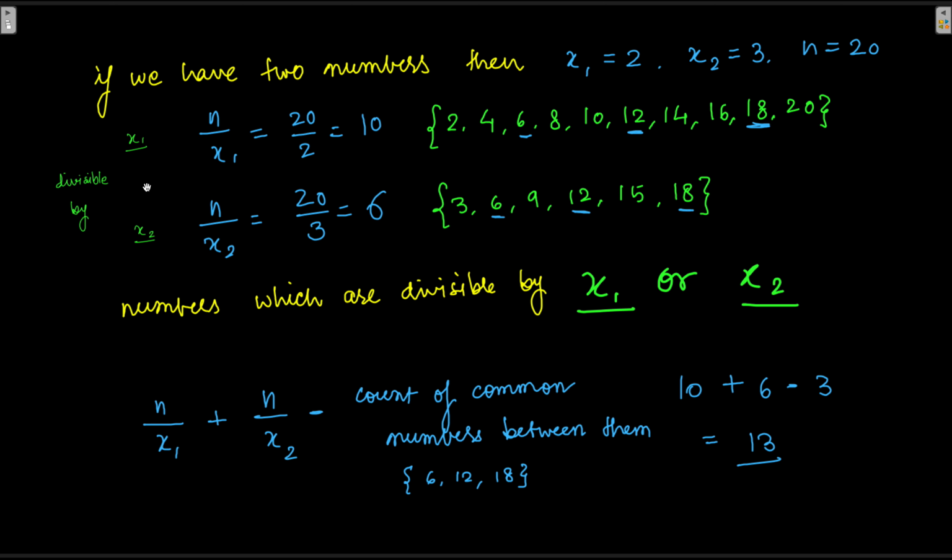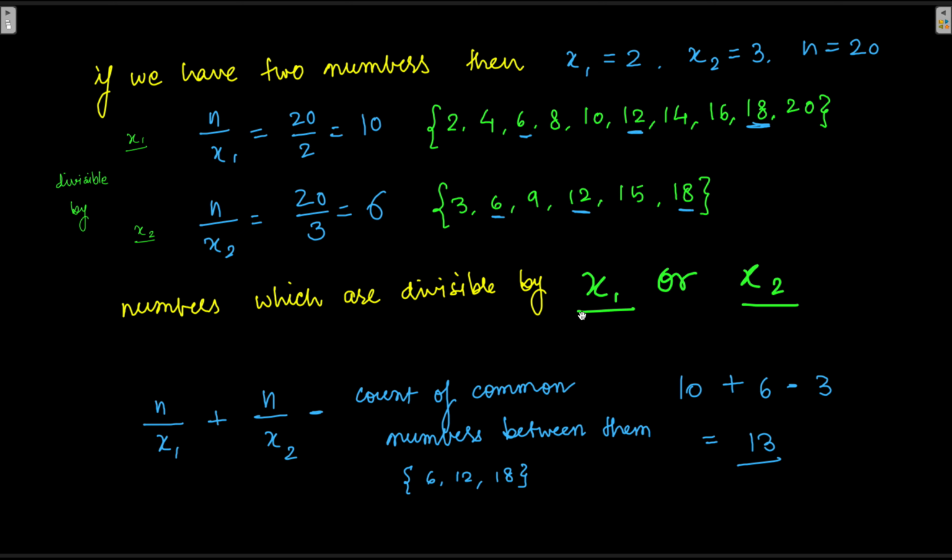If we want to calculate the number of integers which are divisible by 2 and which are less than or equal to 20, then our answer is going to be 10. What if we wanted to calculate numbers which are divisible by x1 or x2 or both of them at the same time?